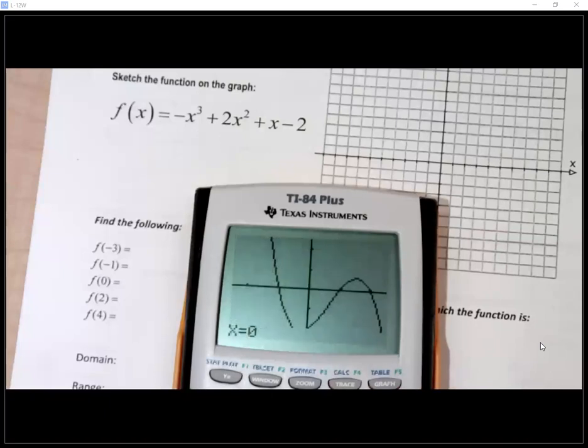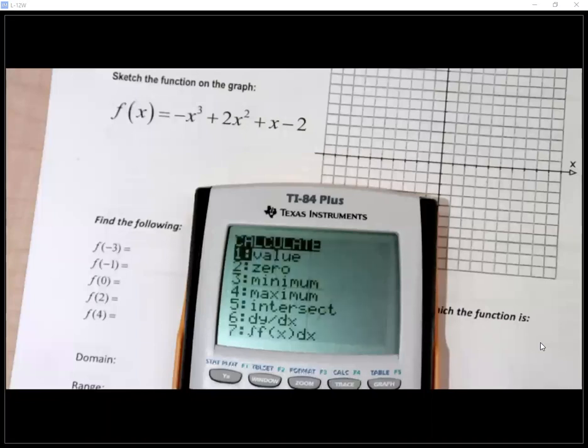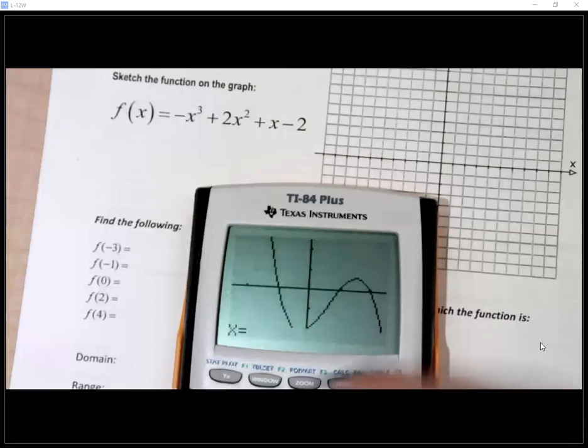Hold on, -1. Wow. Okay, so if you're getting an error on -3 when you're trying to find that, I didn't realize this. It has to be able to see it on the screen. How stupid. So you could either zoom out or you could try the table. Let's just jump to the table.